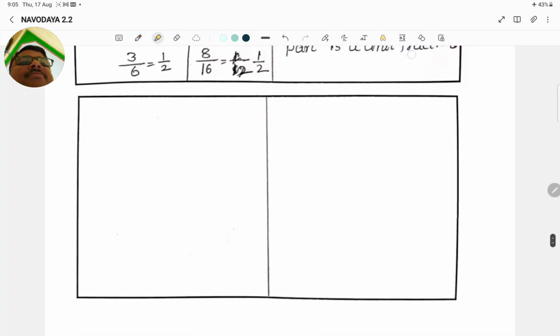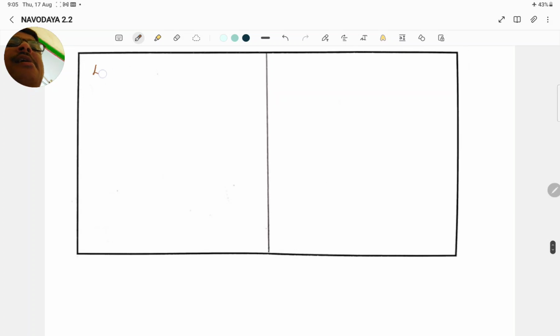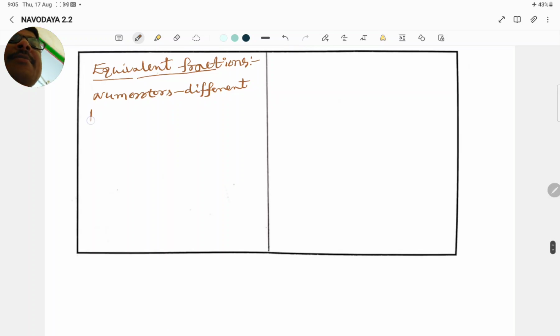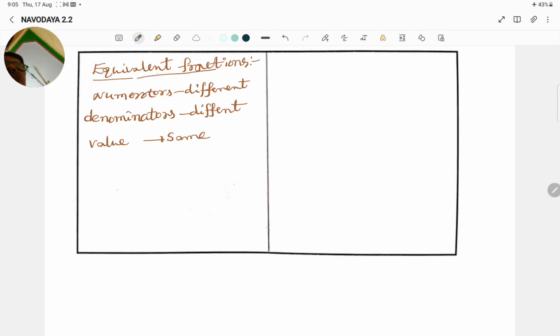When we write equivalent fractions, the numerators are different and the denominators are also different, but the value is the same. Such types of fractions are equivalent fractions.